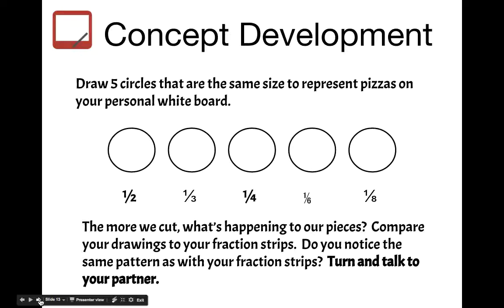Your unit fraction should be 1/2, so make sure you label each side with that. On the second circle, I want you to partition the circle into thirds. And make sure to label your unit fraction, 1/3, 1/3, and 1/3. So let's keep going with 1/4. Partition the third circle into fourths and label it.